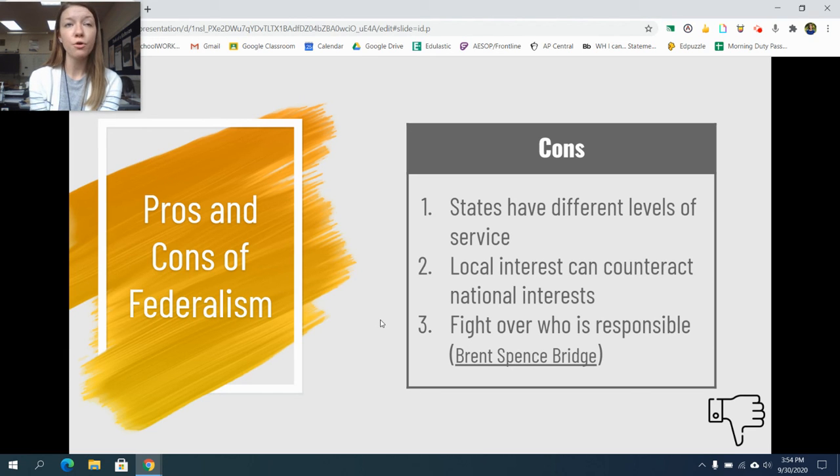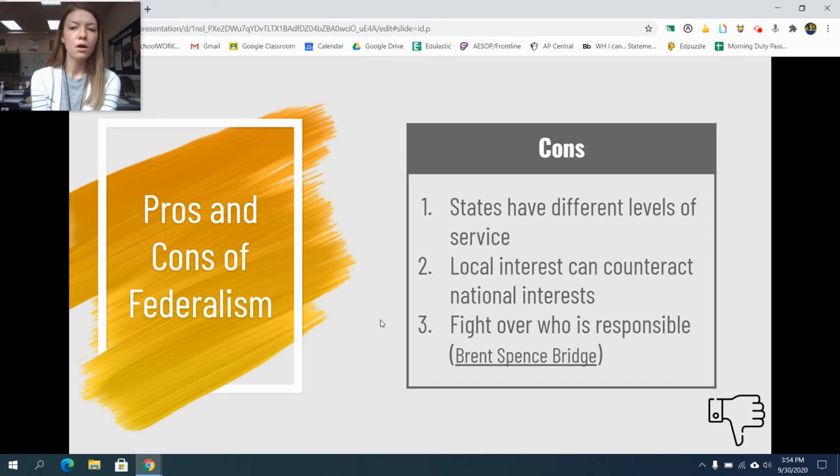So are those monuments something that we should keep up or tear down? A lot of interest locally in the South, where a lot of the Civil War took place, wants to keep those up, whereas nationally, we're seeing a movement to tear those down. So you do have some tension there.